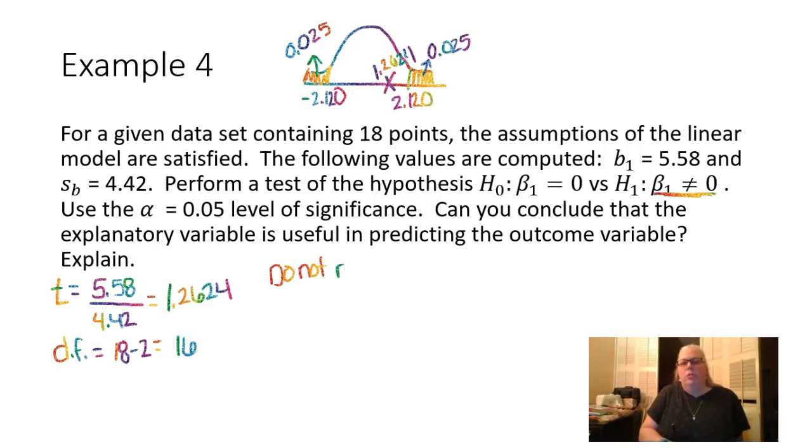All right, so do not reject the null hypothesis. And remember, we said if we're not going to reject the null hypothesis, that it is possible that the slope is equal to 0.